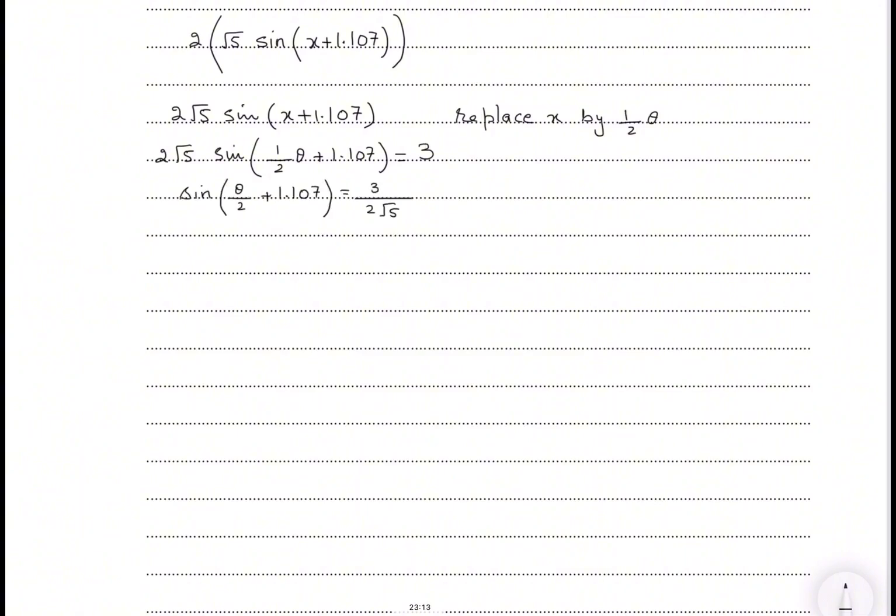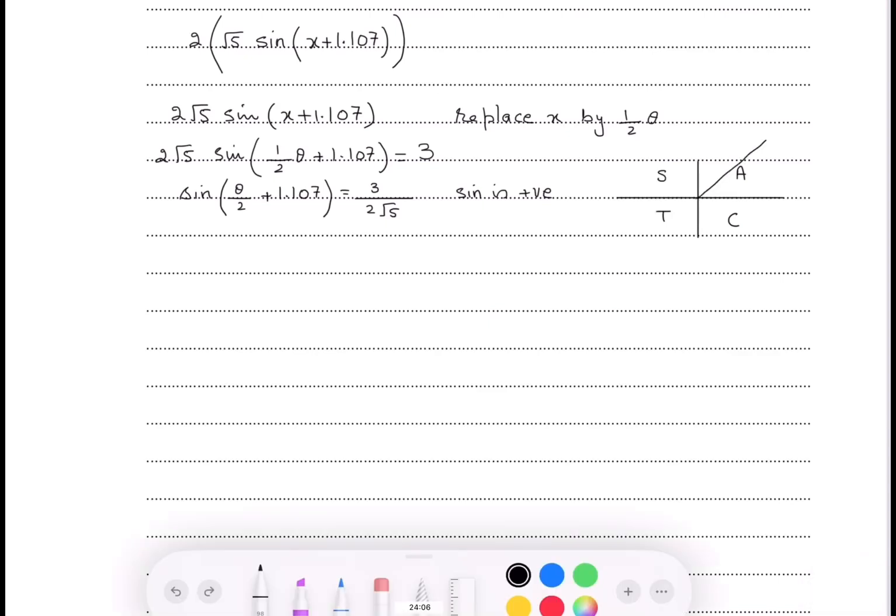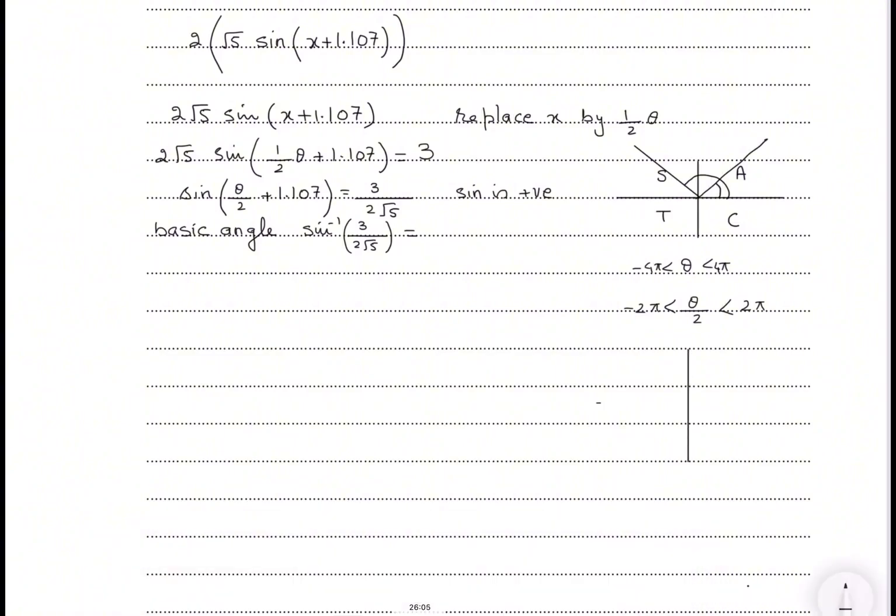Sine is positive, so look at the quadrant where sine is positive, first and second quadrant. So basic angle is sine inverse of this. So theta is less than 4 pi, greater than negative 4 pi, so theta by 2 would give you 2 pi and negative 2 pi.